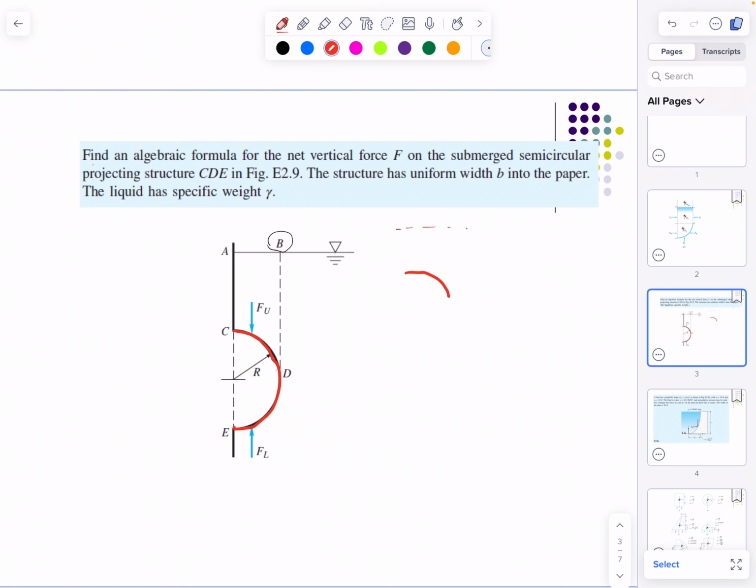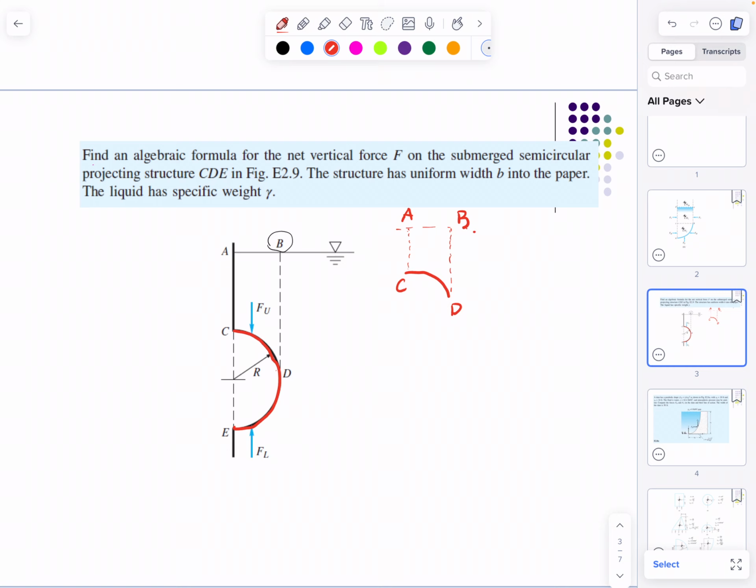We said it's from each end of the curved board, a curved surface, to the top of the water, right? So it looks like this. And if we take the same notation as shown in this figure, this end is A, and this end is C, and here is D, here is B, right?